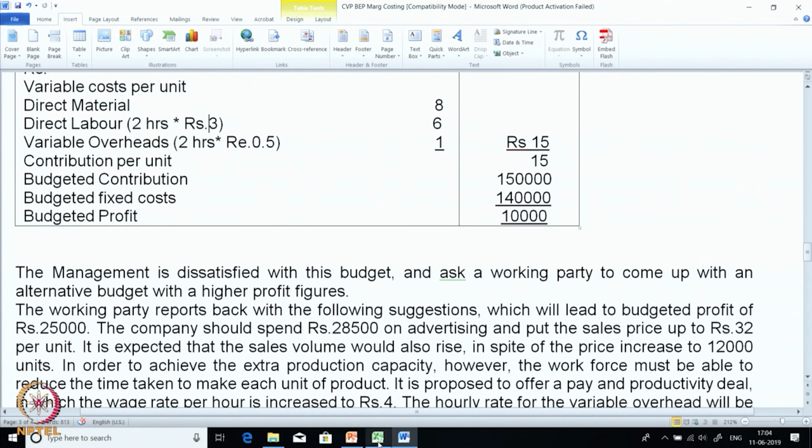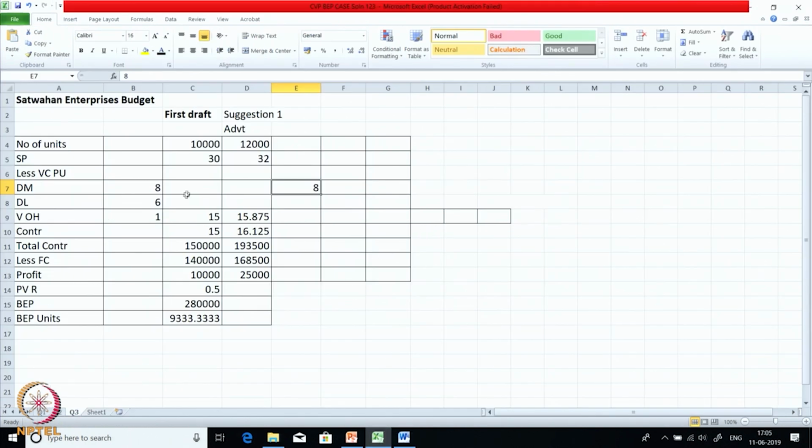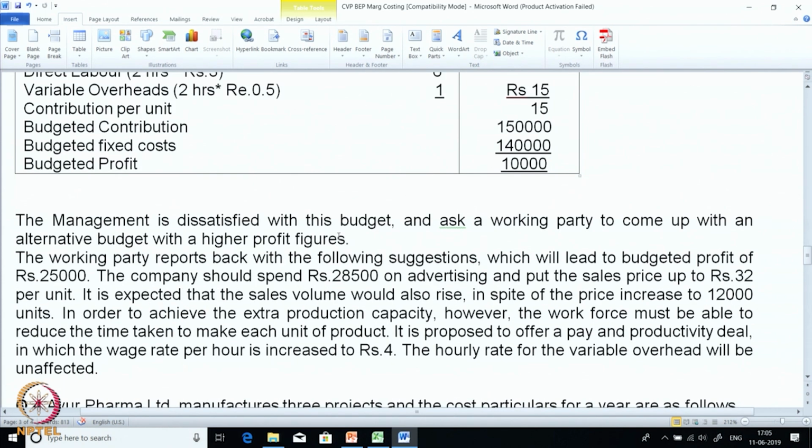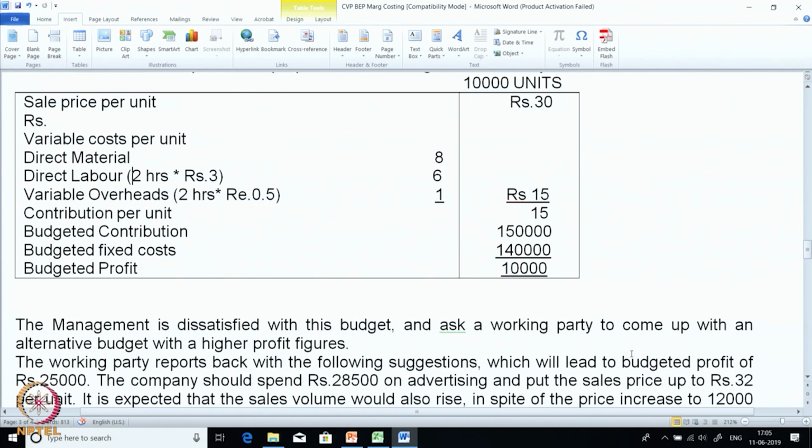So now how will you calculate that figure? Suppose you take it as x, the labor cost will be 4x, because the labor rate will go to 4 now. What about variable overheads? They have given that the hourly rate of variable overhead will be unaffected, but the total amount will change because it is 2 hours into 0.5.